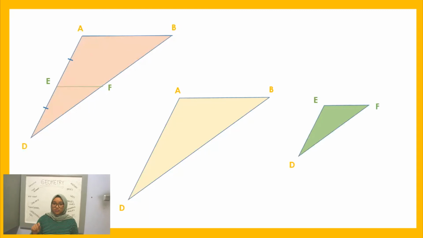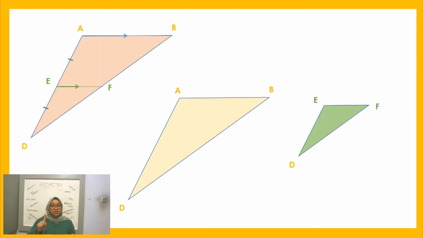We also know that EF is parallel to AB because EF is part of the median, and the median is parallel to the bases, and AB is one of the bases. So they are parallel to each other. We also know there are two parallel lines cut by transversals. There are actually two transversals, AD and BD.